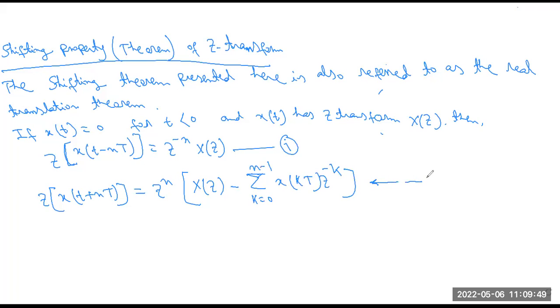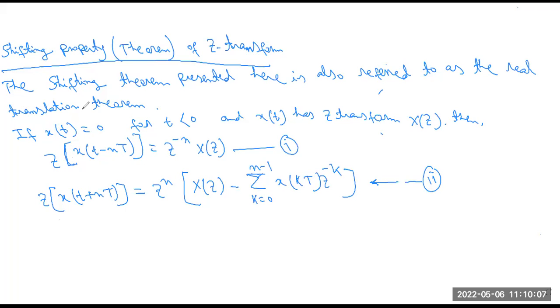So these are the shifting properties. Here you can see these are the two terms we have to shift, presented in the real translation theorem.